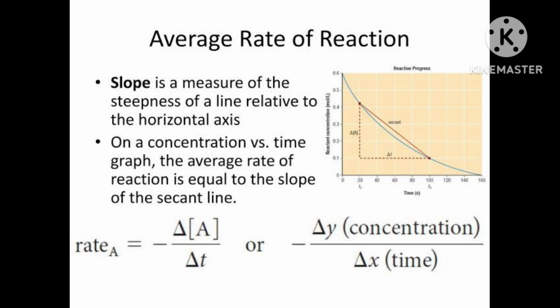Like that, the third: at 150, 150 minus 100, the time is again 50 seconds, and the concentration goes from 0.0820 to 0.0741. Here again you will get the result in minus.